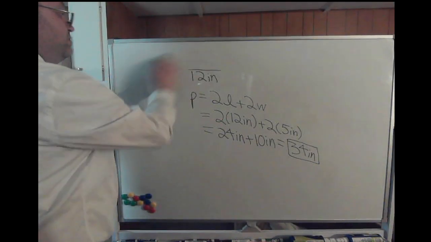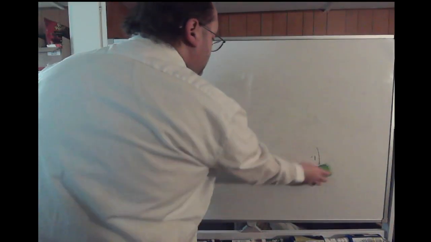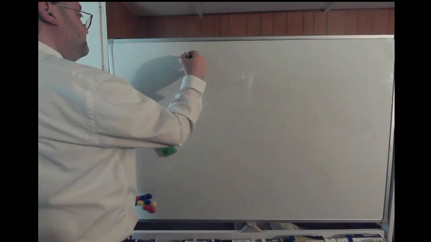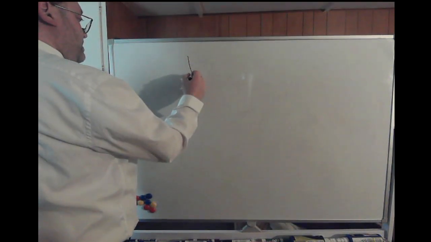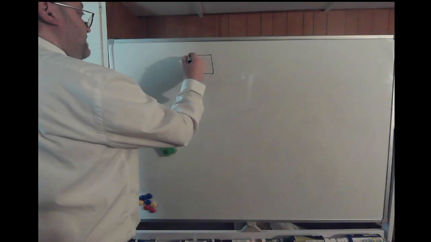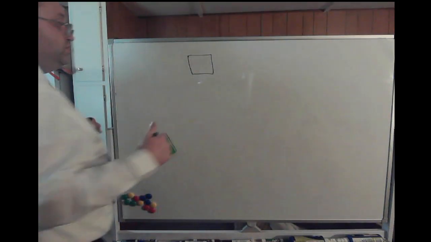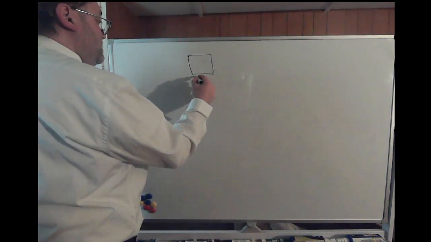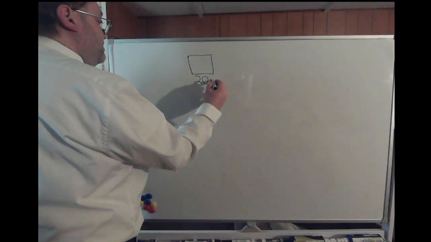Let's do the perimeter of a square. Lousy square, but it'll suffice. A square, remember, every side is equal. Let's say it's equal to 20 yards.